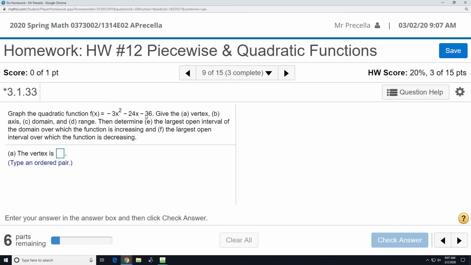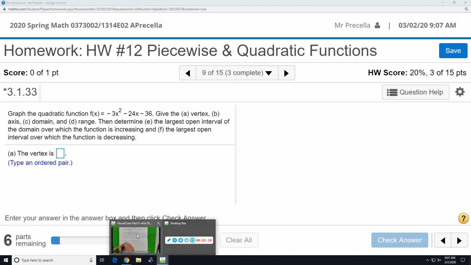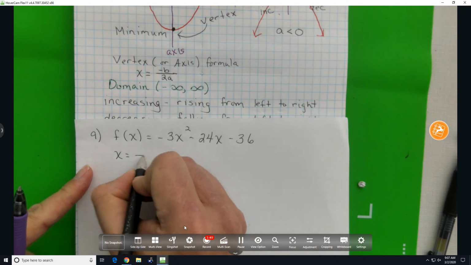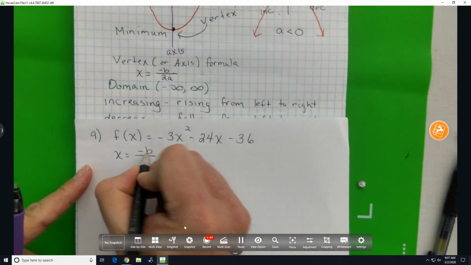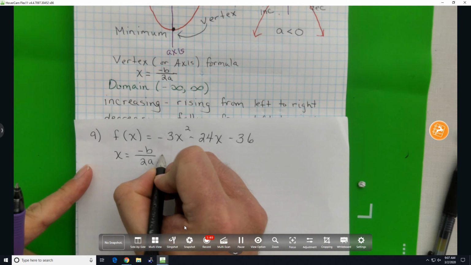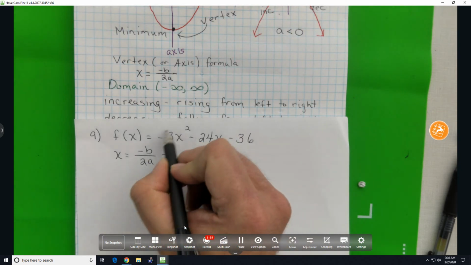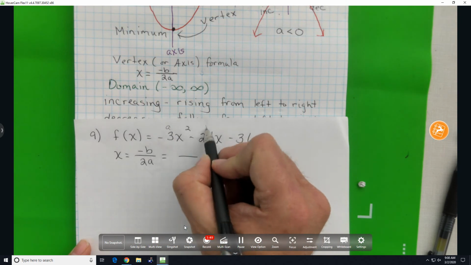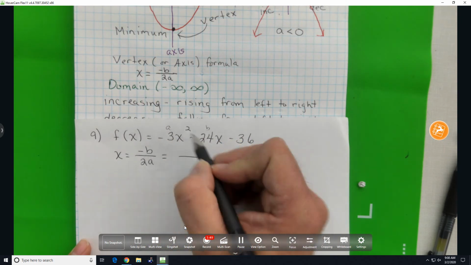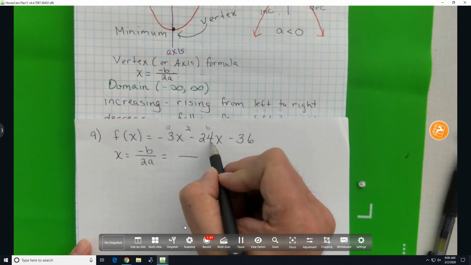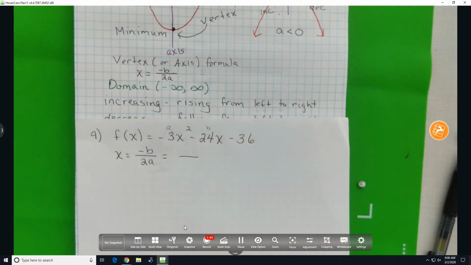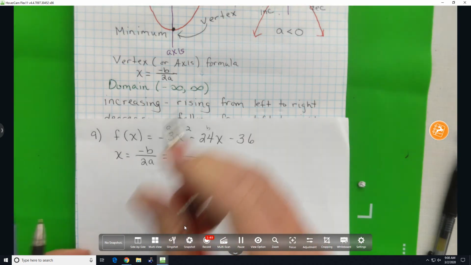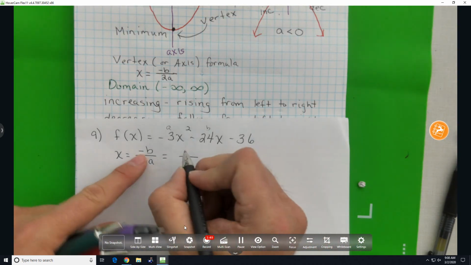Okay, so here, switching back, we're going to start off. We've got to find that vertex. So the vertex formula, minus b over 2a. Remember, a is the coefficient on x squared, b is the coefficient on x. So we better be careful. This minus b, we have a minus.